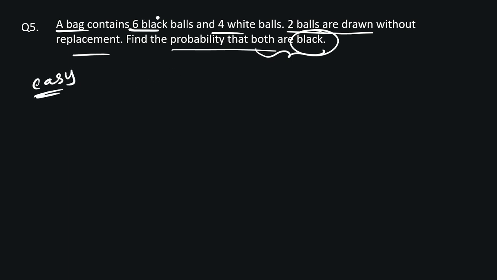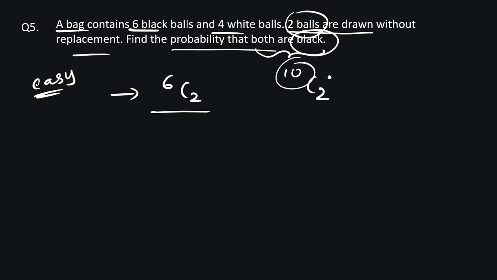So we have given 6 black balls, and we need to select 2 balls. So 6C2. Now this is favorable outcomes, and total outcomes is 10C2. 10 because 6 plus 4, 6 black and 4 white. So 10C2 is total.